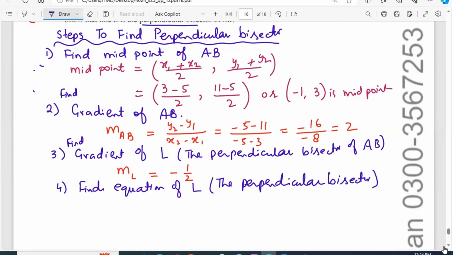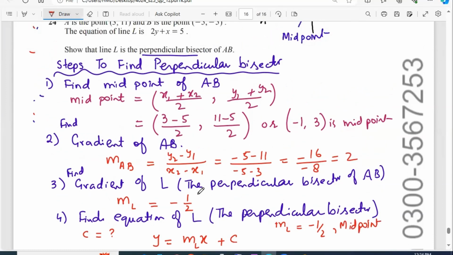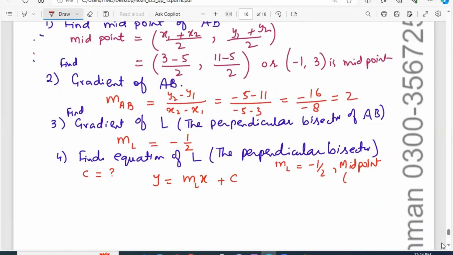To find this, use y equals mx plus c. So we have to find c, with the gradient m of L, which is -1 over 2, and using the midpoint, which was (-1, 3). Put these here.